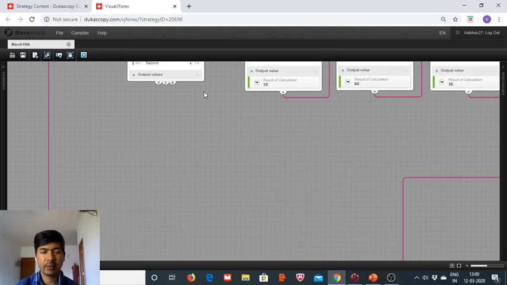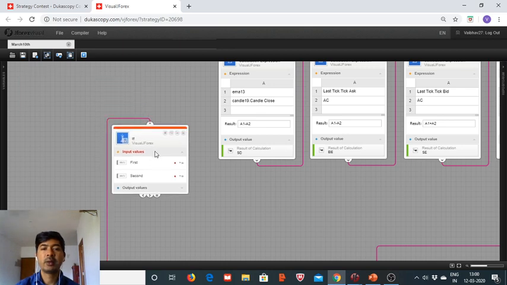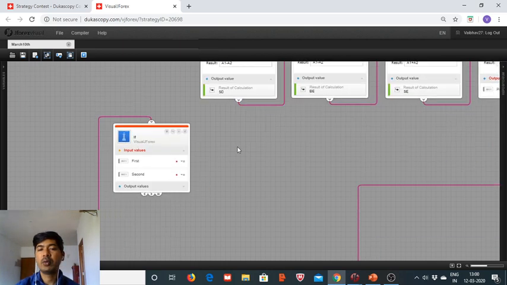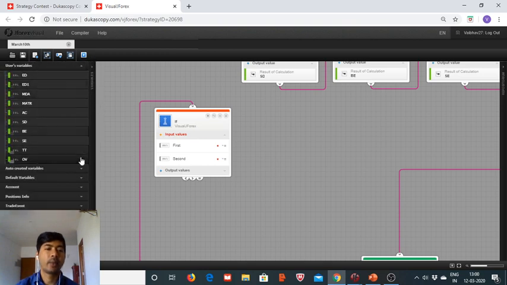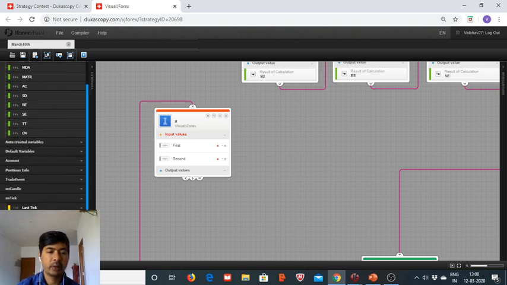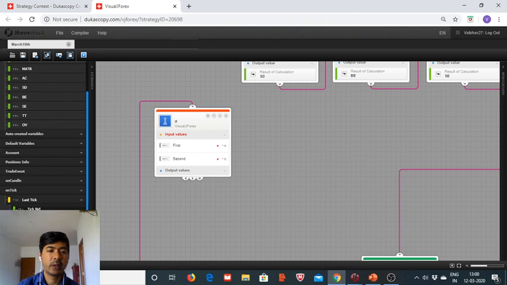Now let's bring in the last tick value. We want the last tick value to be above the EMA 10, so we bring in the last tick bid.